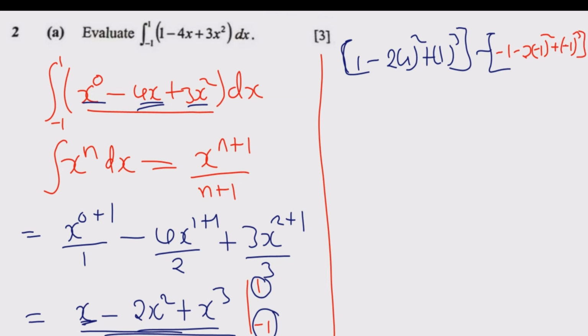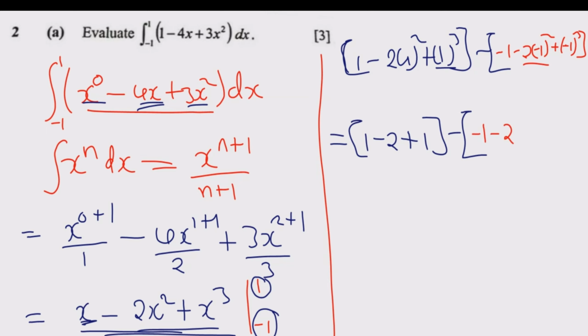So what happens is we have 1, then -2 times +1 squared is -2. Then here we get +1 squared is +1. Then minus, we get -1. Here we are getting -1 squared is +1 times -2 is -2.